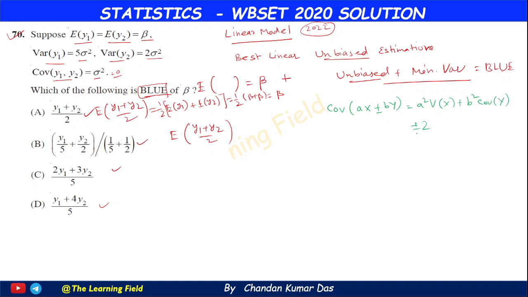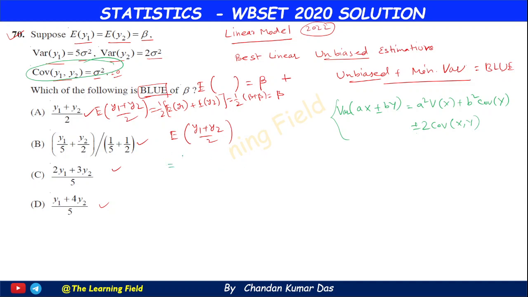If there is plus, then there is plus. This formula we need because here a covariance term is present between y1 and y2.